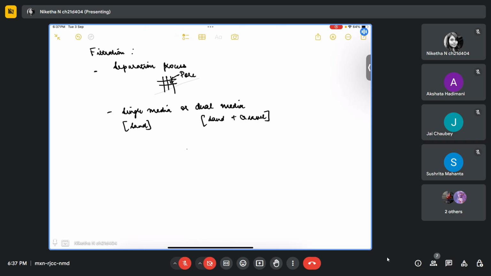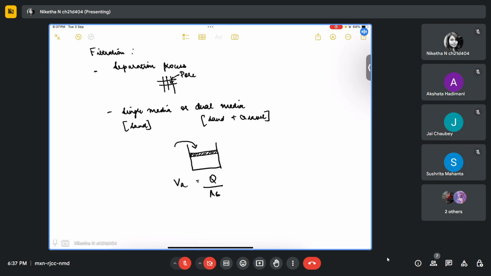Similarly, like how we saw for settling, here also we will have something called a loading rate, which is the rate at which the water is coming into the filter. This loading rate is given as VA, which is equal to the flow rate divided by the cross sectional area. If this is a rectangle, then accordingly you have to calculate the cross sectional area.